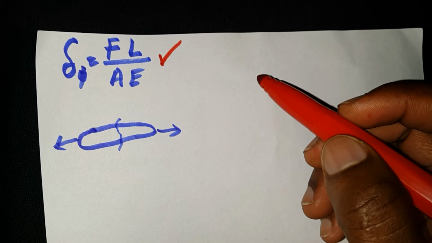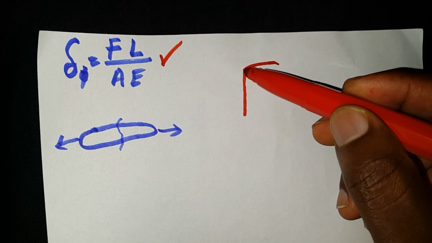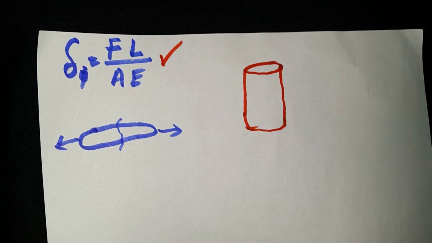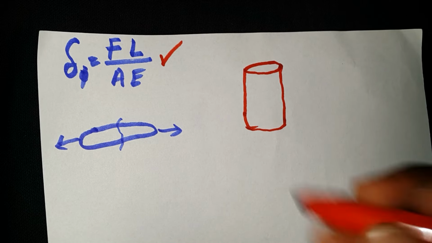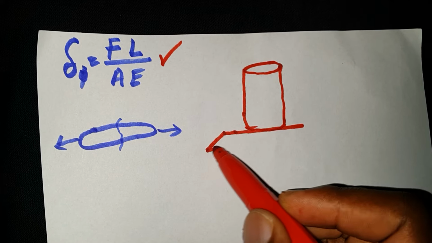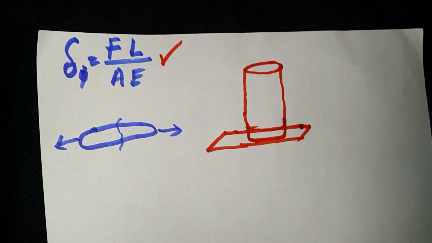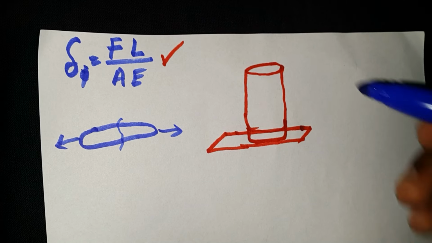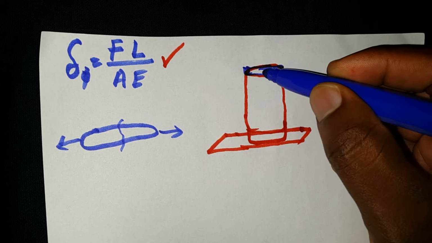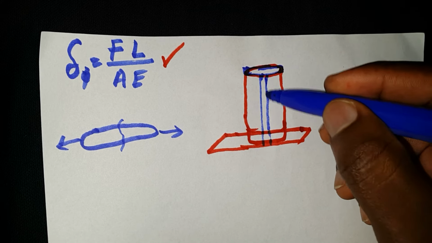We have something like this. We have a cylinder, an open cylinder, and the cylinder is said to be at rest on a metal. Then there is a load here that passes through inside it.